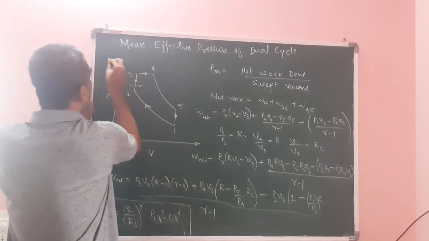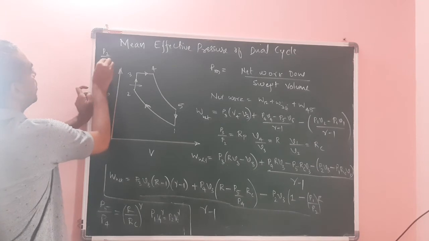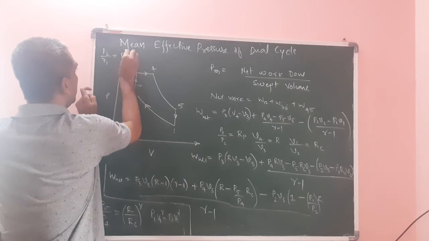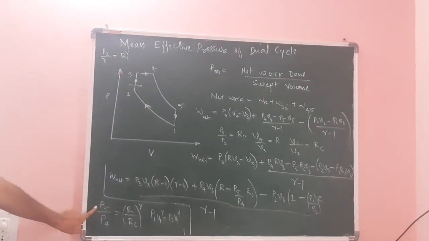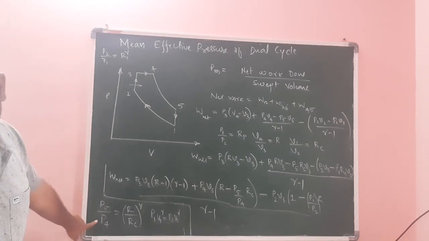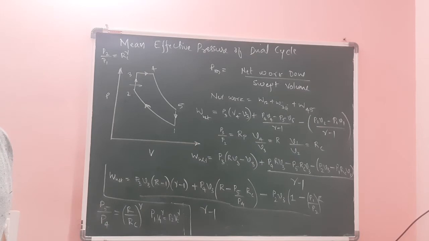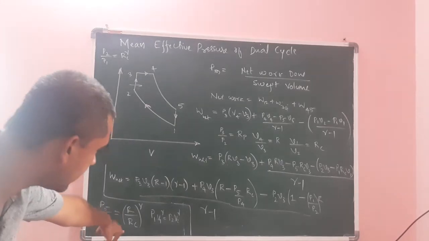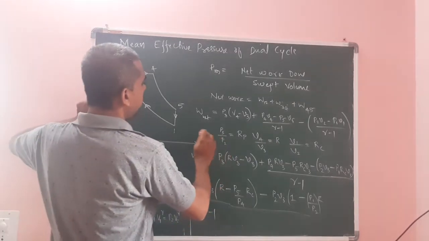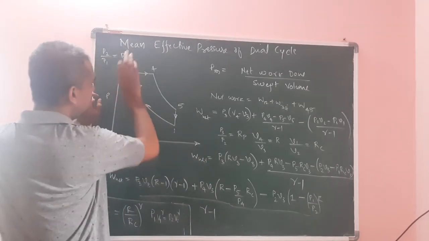Therefore, P2 by P1 will be equal to RC raised to gamma. If I substitute, P5 by P4 equal to R divided by RC raised to gamma, and P2 by P1, it is correct.